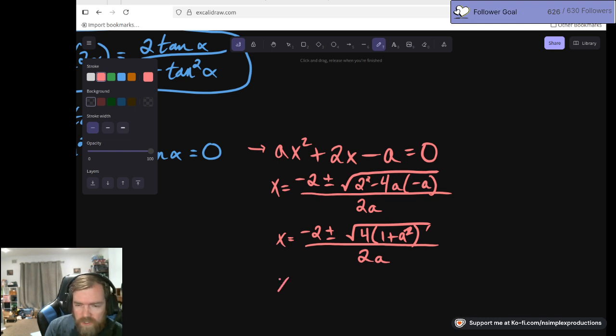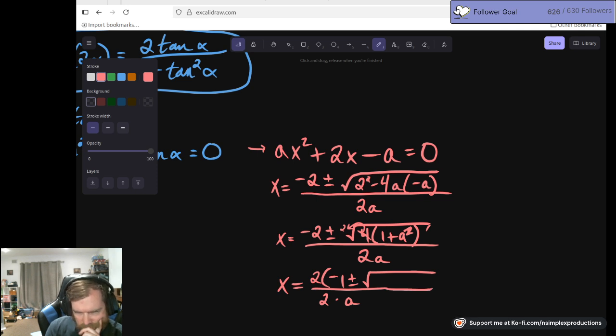The 2's are going to divide out from all terms. So this is a 2 that comes out, and we've got a 2 over 2 times a. This is now 2 times the quantity negative 1 plus or minus square root of 1 plus a squared.